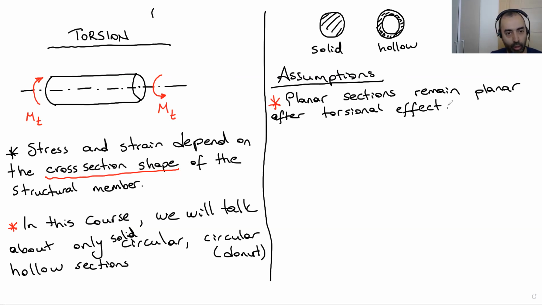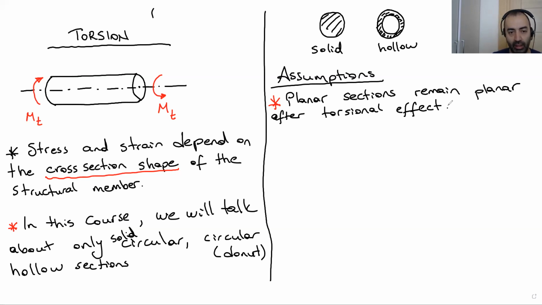This is important to make a linear stress distribution on the section. Planar sections remain planar. I guess you're gonna hear about this rule or assumption many times in this course. Düzlem kesitler burulma etkisinden sonra düzlem kalır. Düzlem kesitler düzlem kalır. Planar sections will remain planar.